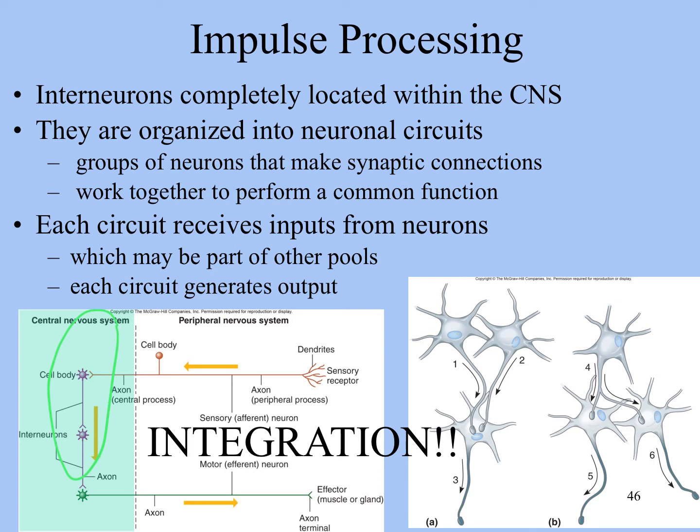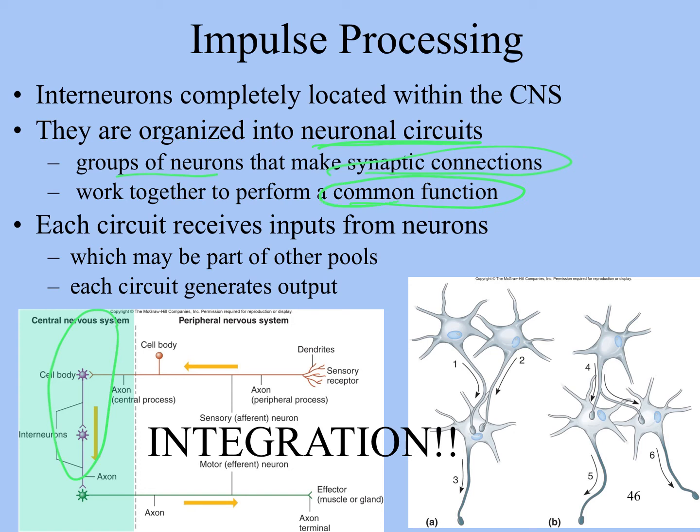All right, so in order to do this integration or the processing of that information, these multipolar neurons within the CNS have to be organized into circuits. By definition, a circuit is a group of neurons that work together by making synaptic connections with each other. And they do that in order to perform some common functions.